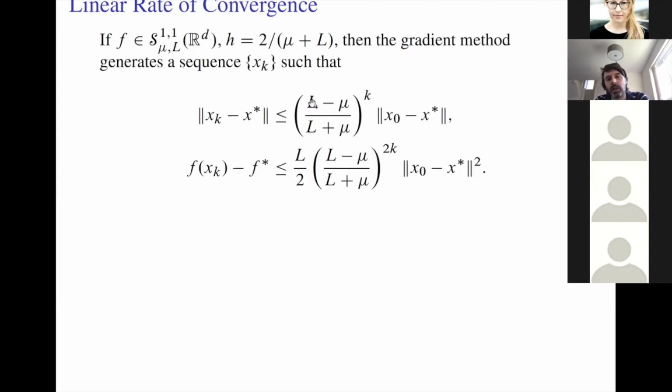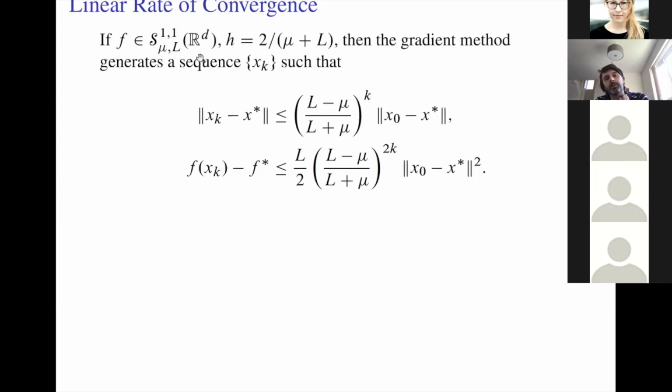L is always larger than mu in these settings. And the important part here is the exponent of k. The coefficient in the big bracket is smaller than 1, and as k increases, this thing will very fast get small.